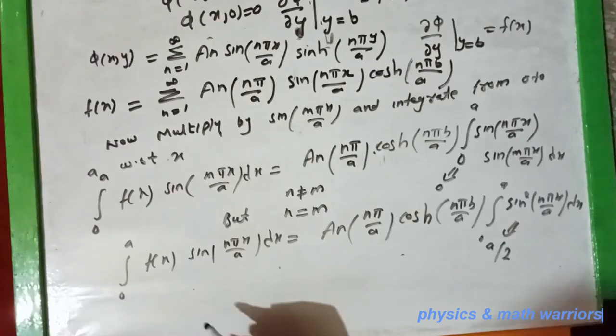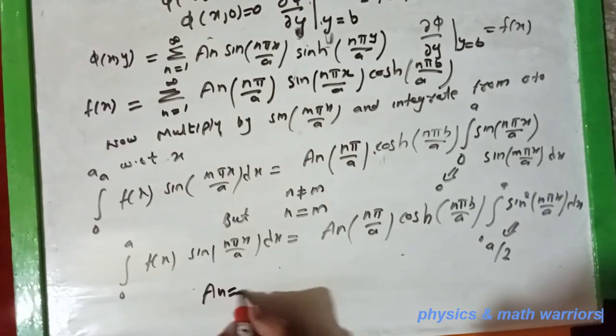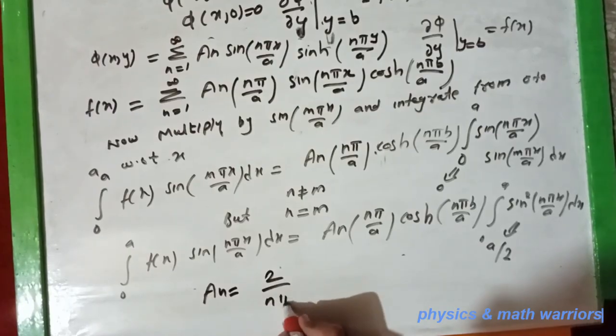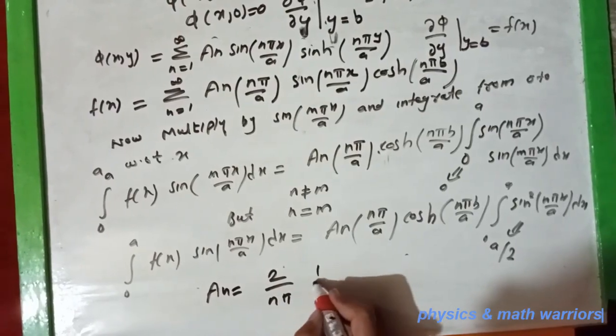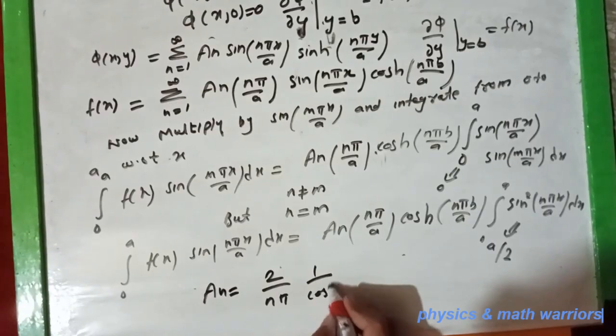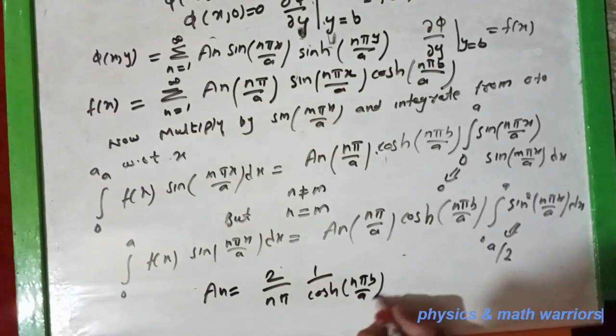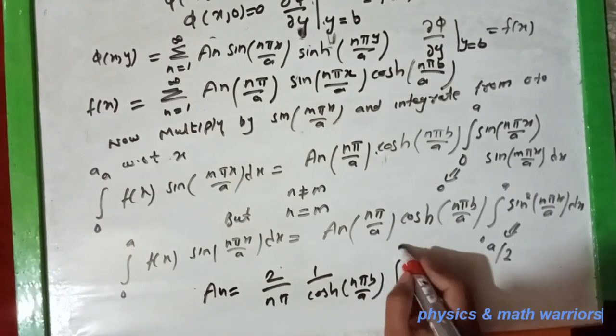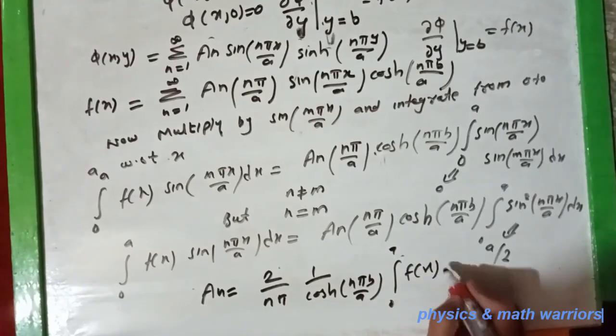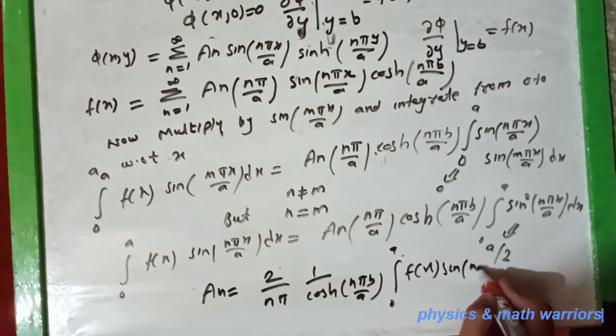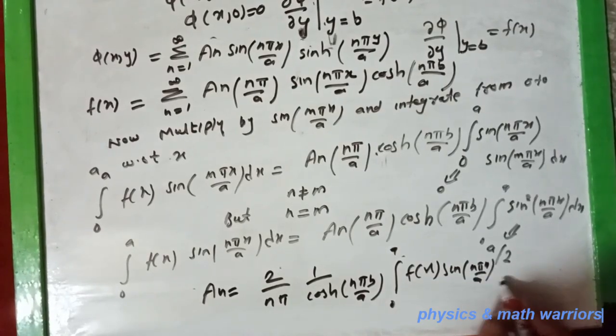So a n is equal to 2 by n pi multiplied by 1 over cosh n pi b over a integral from 0 to a f of x sin n pi x over a dx.